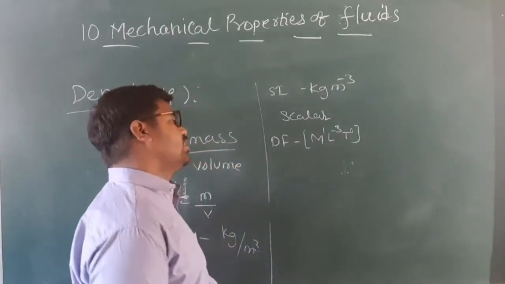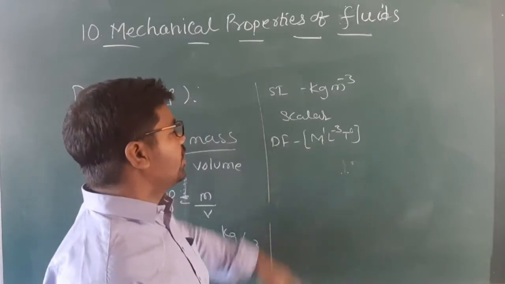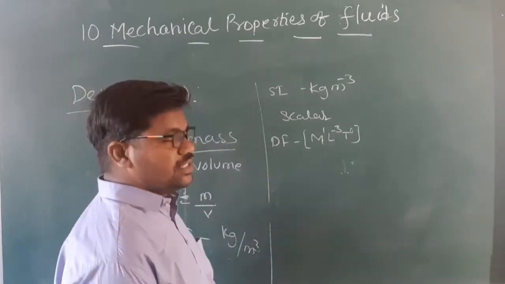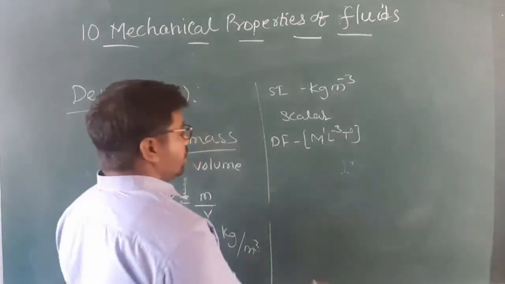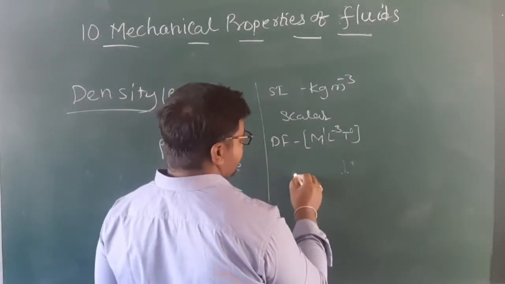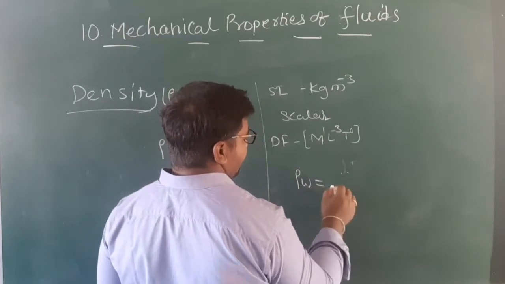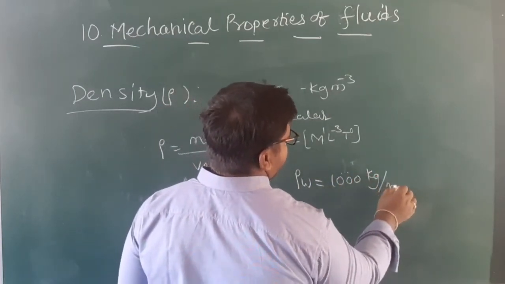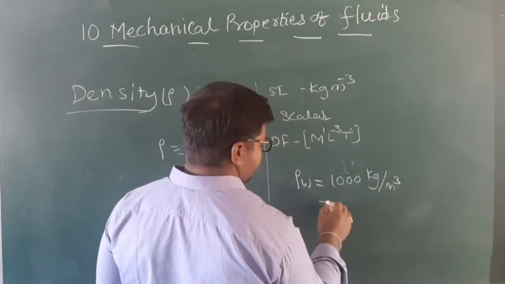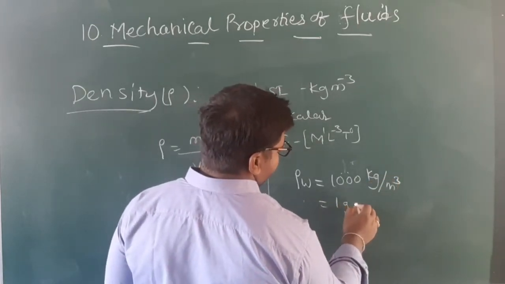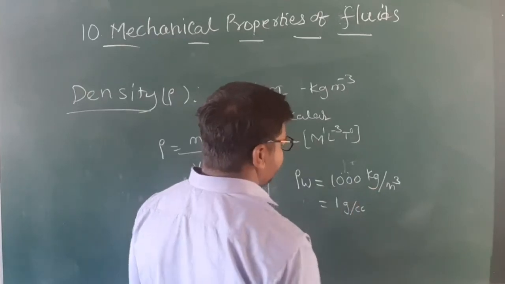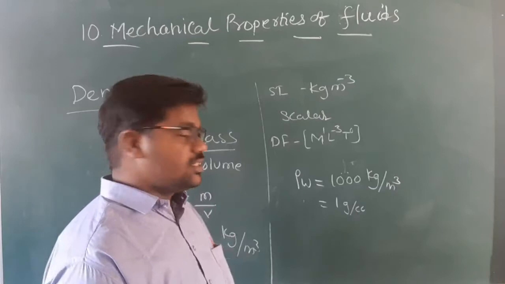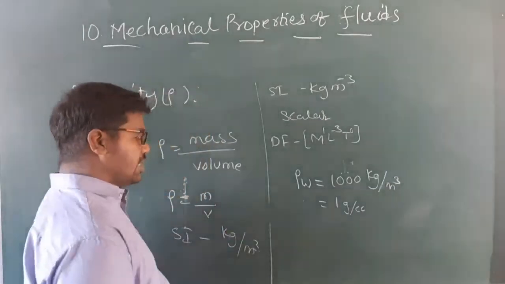This is about density. The density of water is 1000 kilogram per meter cube, or we can say 1 gram per cc, 1 gram per cubic centimeter.